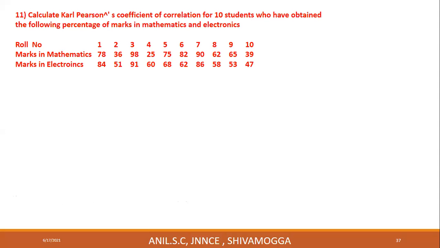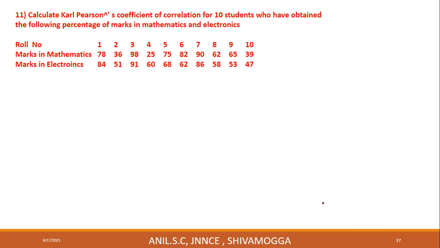We are left with one more problem in this method. Calculate Karl Pearson's coefficient, that means R. Calculate R for 10 students who have obtained the following percentage of marks in mathematics and electronics. Roll number is given, it is not required actually.